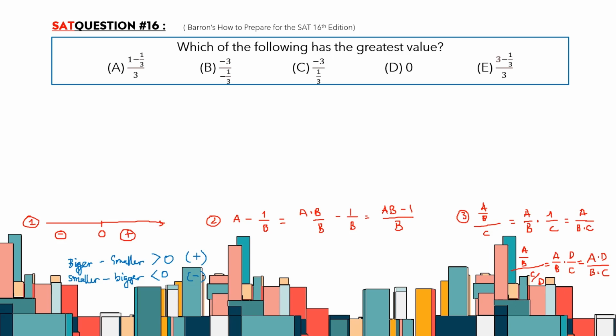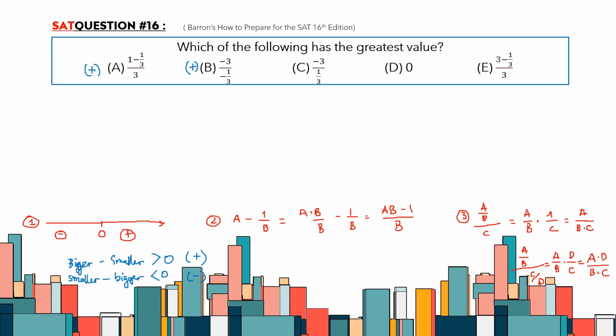So we're checking on A. 1 is greater than 1/3, so it produces positive, and positive divided by positive is positive. So A is positive. For C, we have negative 3 divided by negative 1/3. We have two negatives, so negative divided by negative will be positive. Then for D, we have negative 3 divided by 1/3.